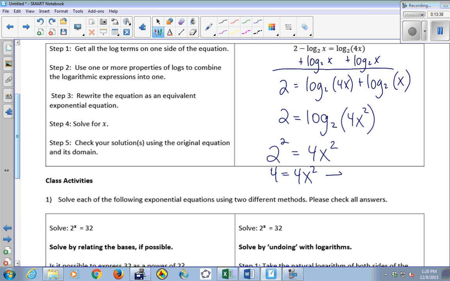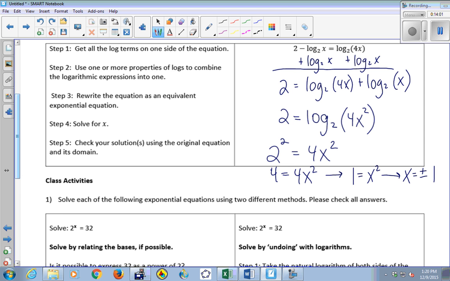So my next step is going to say 1 equals x squared. Square root both sides, and I get x equals plus or minus 1. Correct. Condense and rewrite.